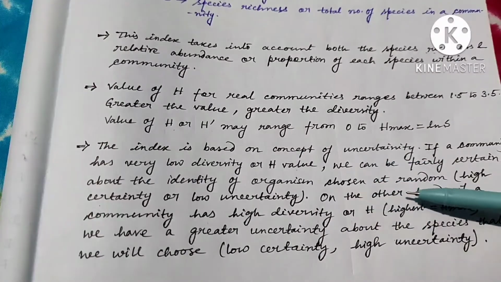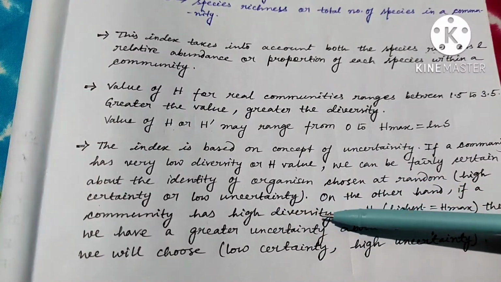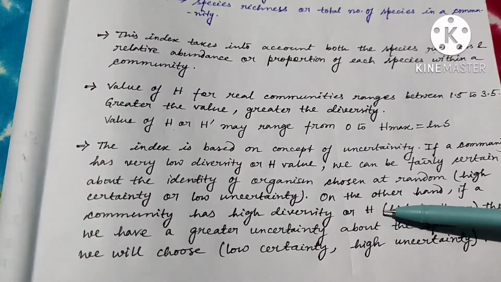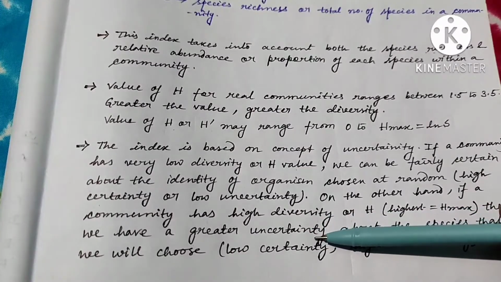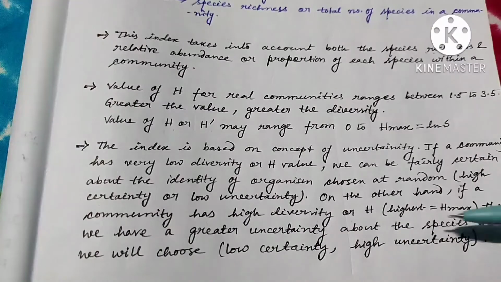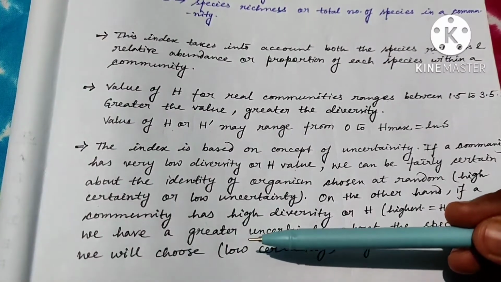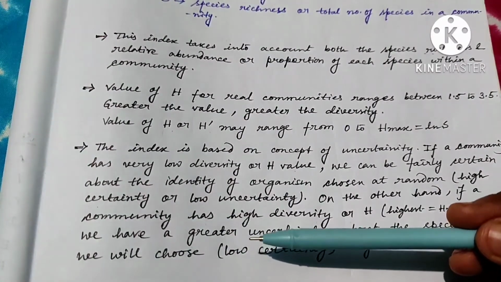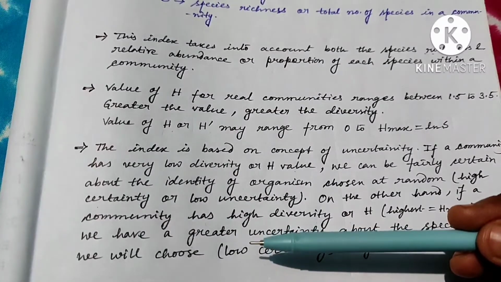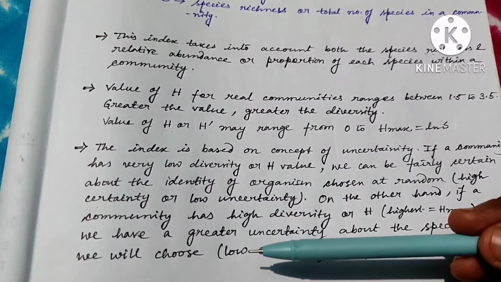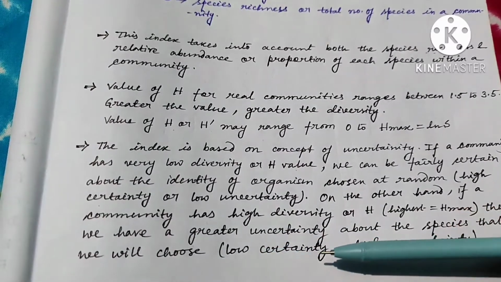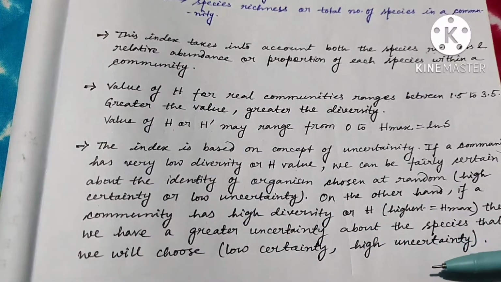But if the community has a higher diversity, or higher value of H, the highest could be H max, then we have a greater uncertainty about the species that we will choose. Because if the diversity is very high, then we cannot say what will be the next species chosen from the community. So there will be low certainty but high uncertainty. I think this is now clear to you.